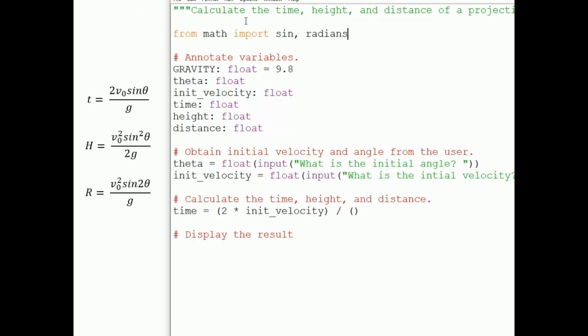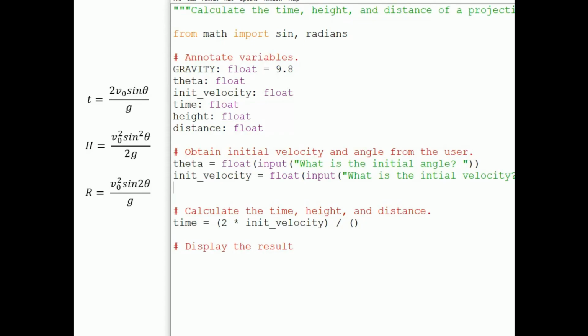When we import this way, we do not need to prepend with our library name. To convert to radians, I'll reuse the same variable and write theta equals radians, open paren, theta, close paren.